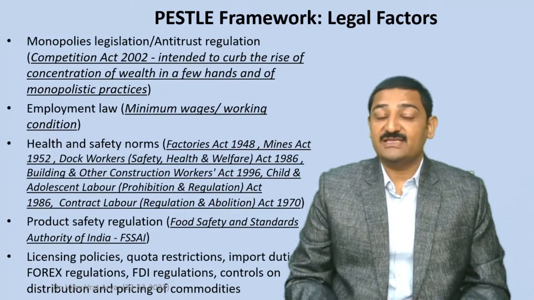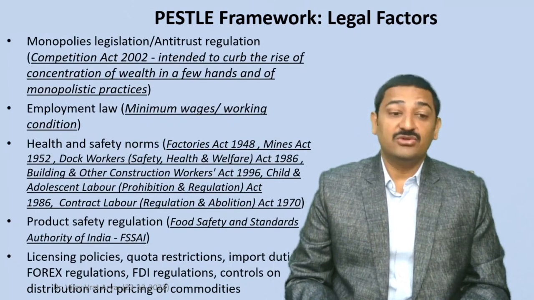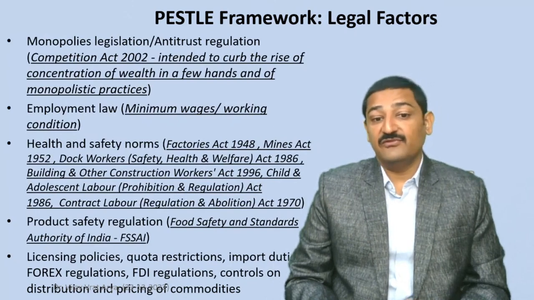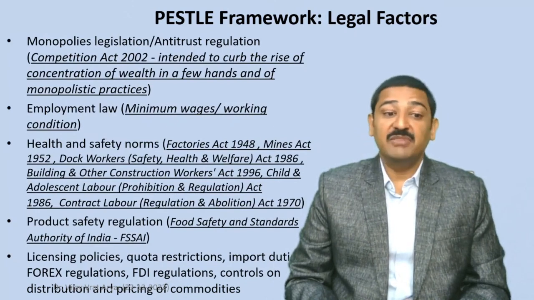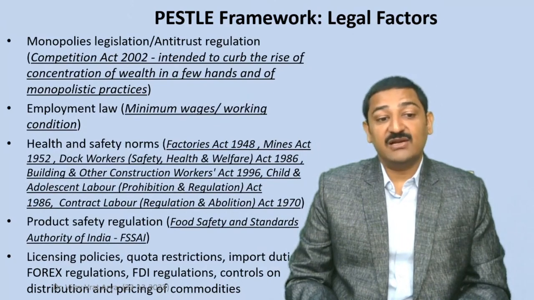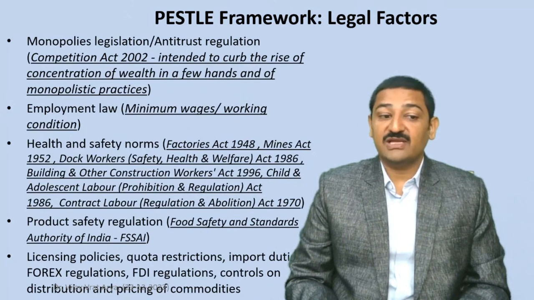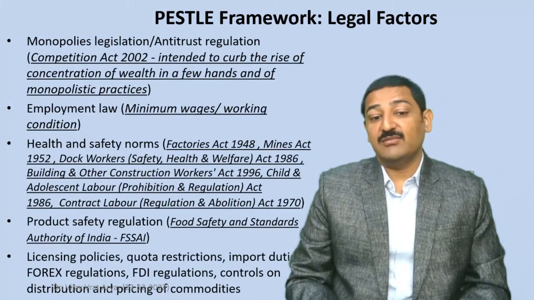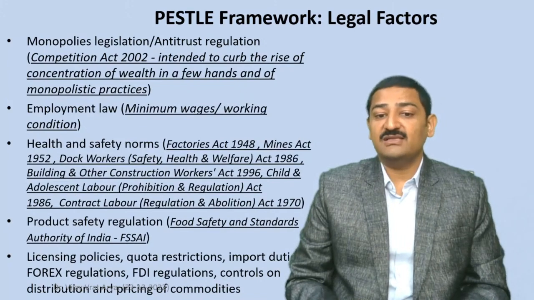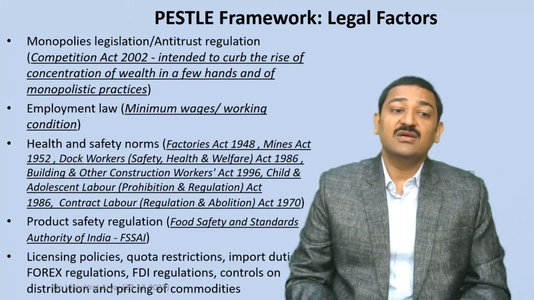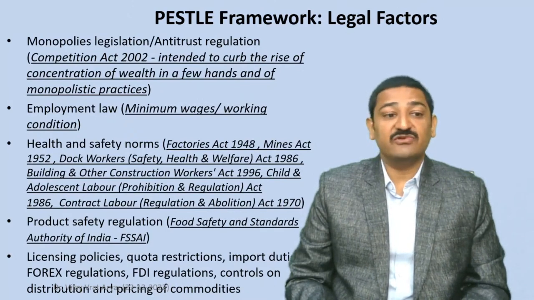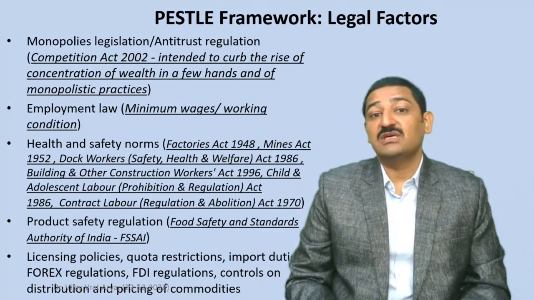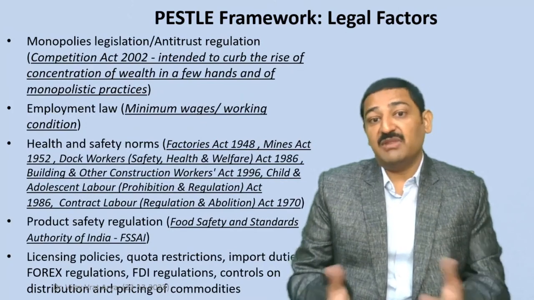For example, Factories Act 1948, Mines Act 1952, Dock Workers Safety, Health and Welfare Act 1986, Building and Other Construction Workers Act 1996, Child and Adolescent Labor Prohibition and Regulation Act 1986, and Contract Labor Regulation and Abolition Act 1970 are just a few examples which guide the position of health and safety norms in the market.